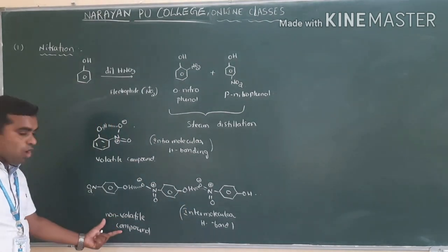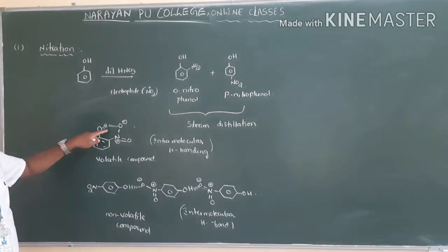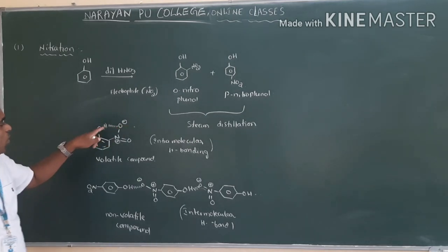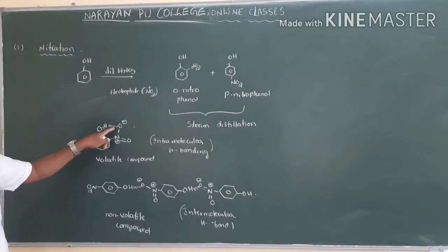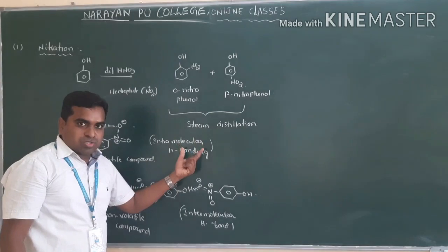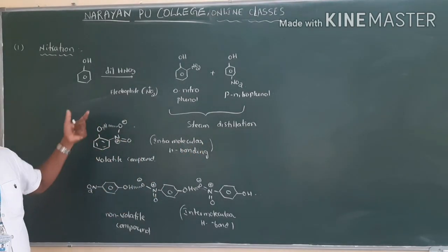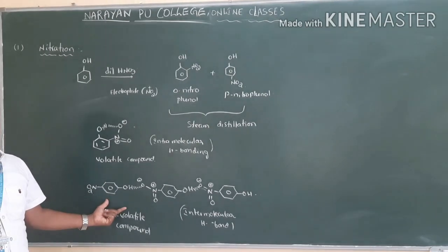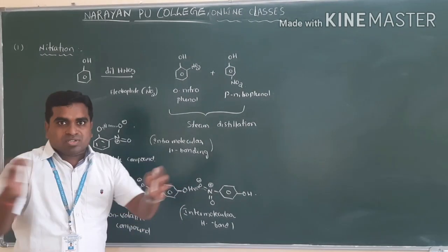So that's why it is non-volatile. But in orthonitrophenol there is only one molecule, where OH and O form intramolecular hydrogen bonding, so it is volatile. Clear? Because here so many hydrogen bonds are there.